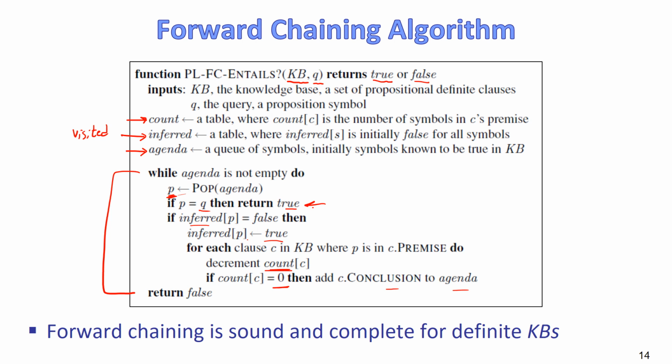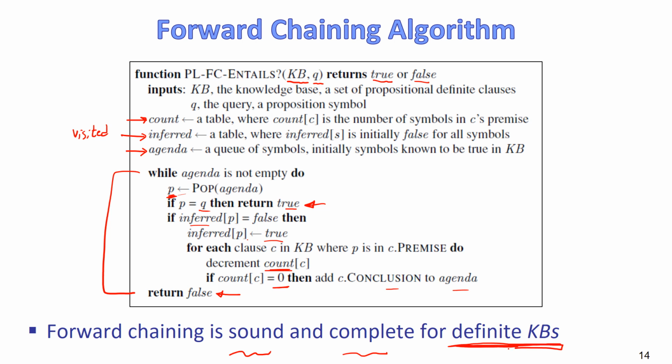In this case, we found Q, or in this case, when we get out of the loop, that means that we didn't find Q and we didn't have anything more to add to the knowledge base, which means that the knowledge base doesn't entail Q. This algorithm is both sound and complete, but with the condition that it has definite clauses. So we call this a definite knowledge base.